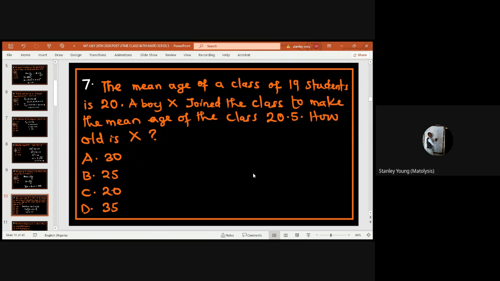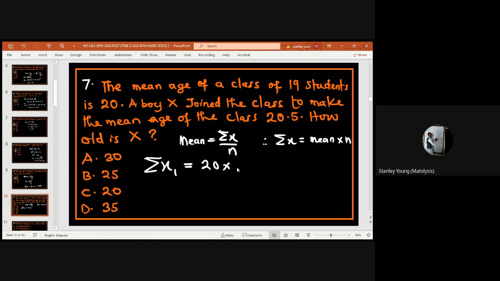In case you are confused, this is it. Mean is equal to summation x over n. That is the sum of everything divided by the number. So case 1, the mean is 20. From here, summation x equals mean times the number, right? So the first summation, let's call that summation x1, is the first mean 20 times the number of people in the class, 19.